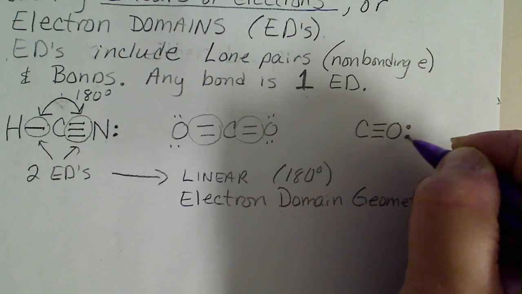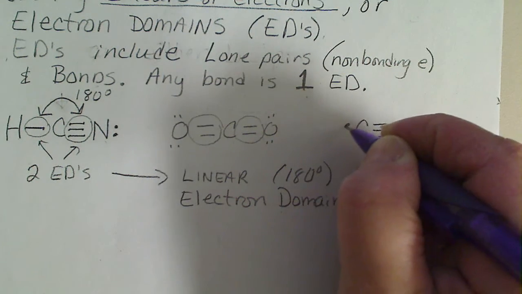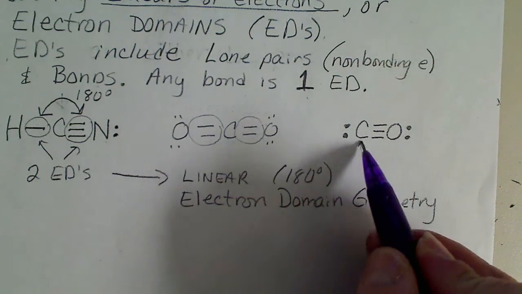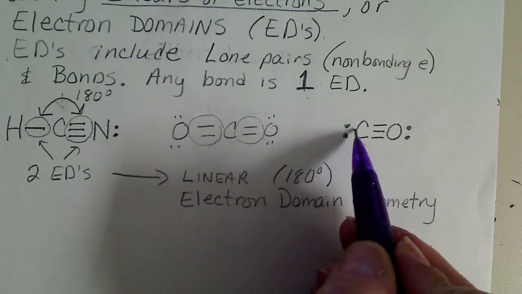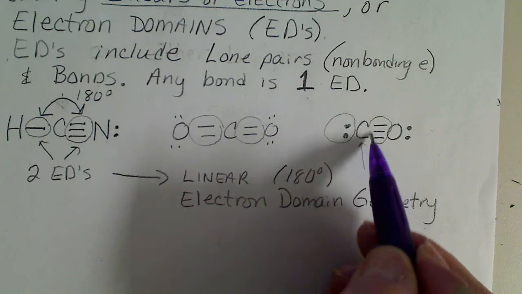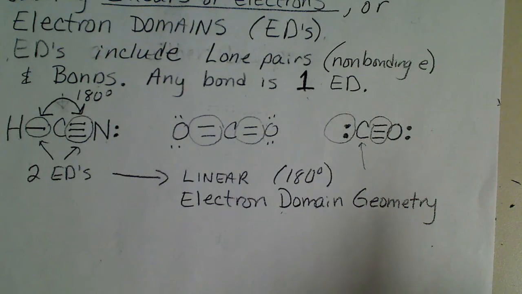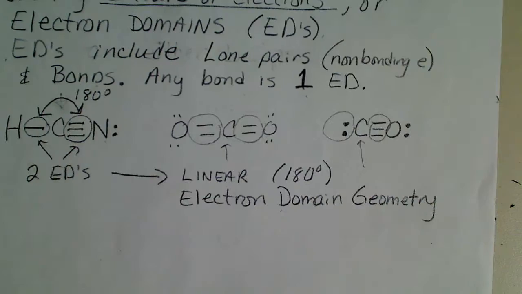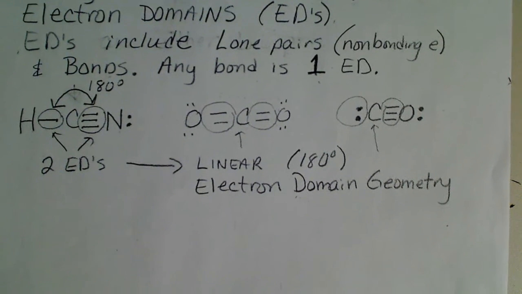In this case, neither of these atoms would have a formal charge of 0. But if we treated this carbon as the central atom, the lone pair is one group, and the bonding electrons are another group. So in each one of these cases, the carbon has 2 electron domains around it.